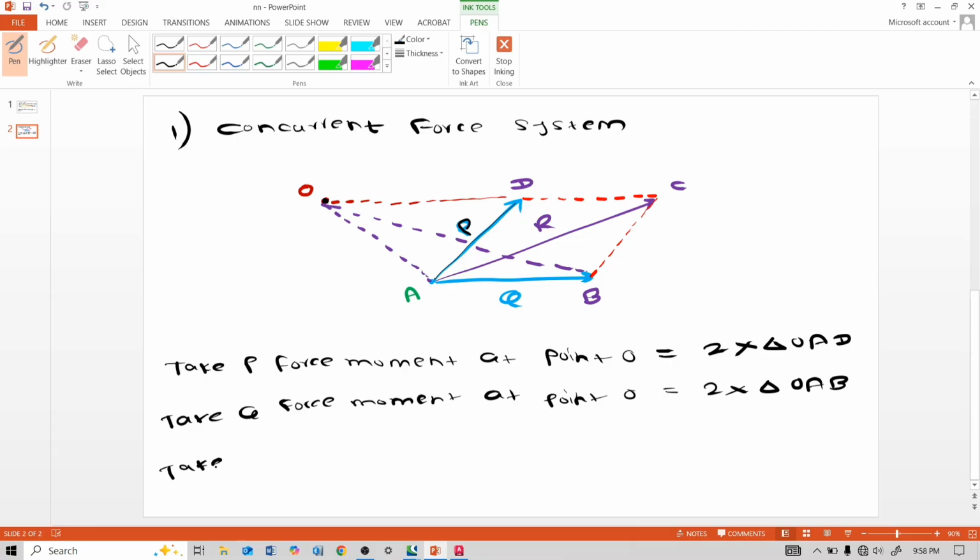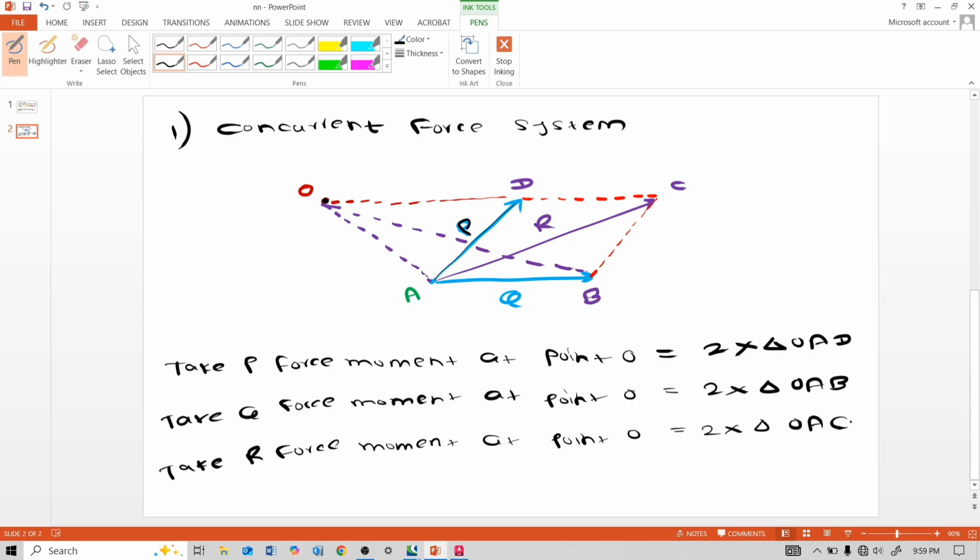So take the R force, the resultant force, moment at point O is equal to 2 into triangle OAC.